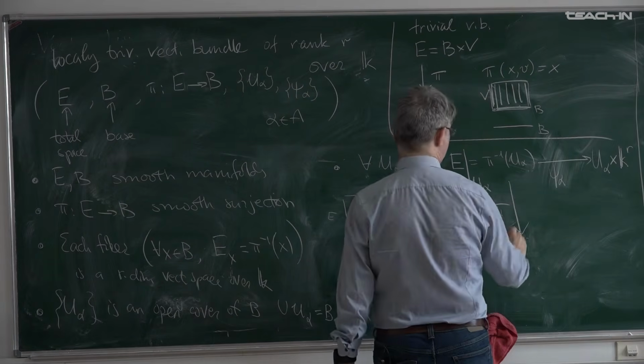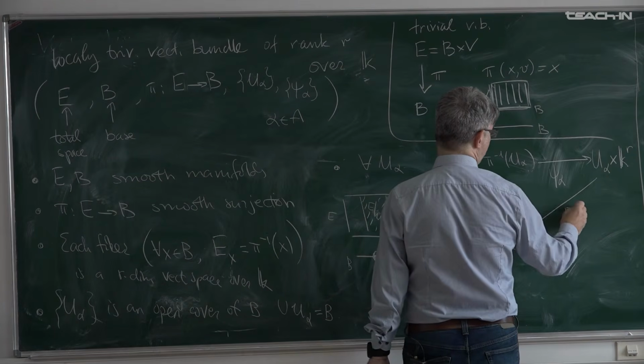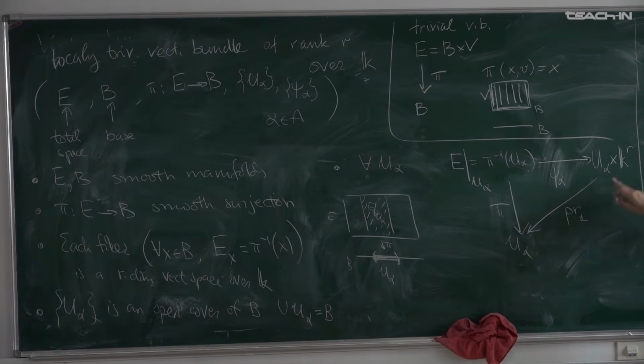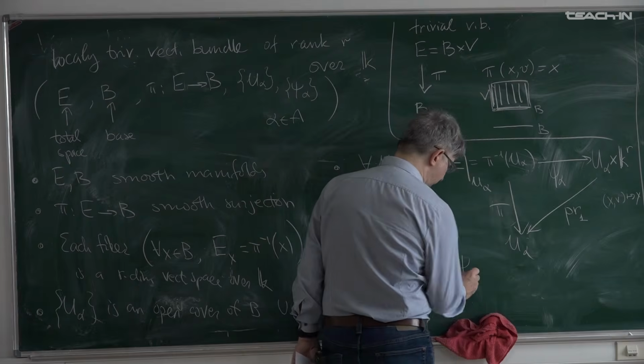Here is the projection to U alpha. And this is a projection to the first element, because if you take a point in this direct product, you can project it just to the first point. So (x, v) goes to x. And this psi alpha is a local trivialization.